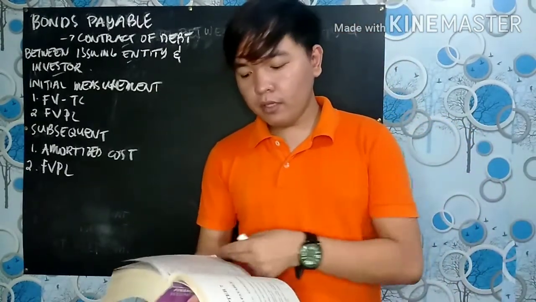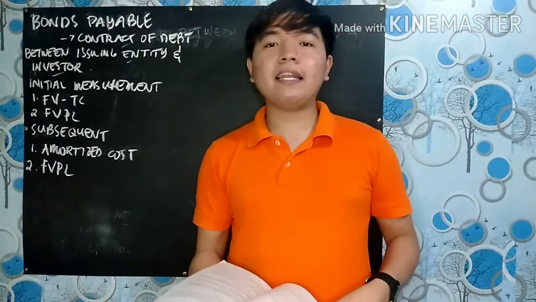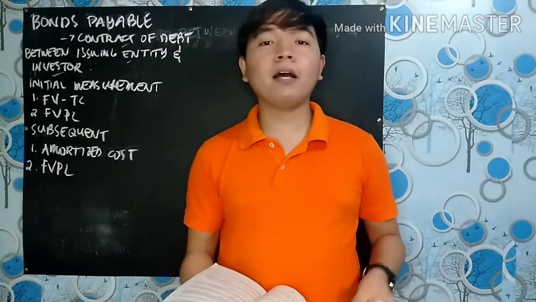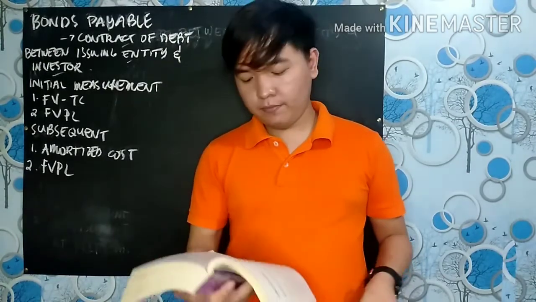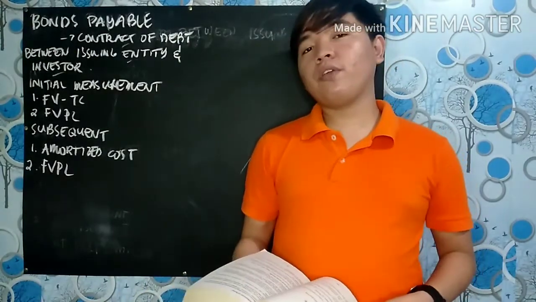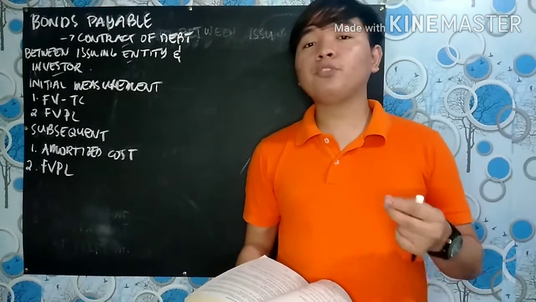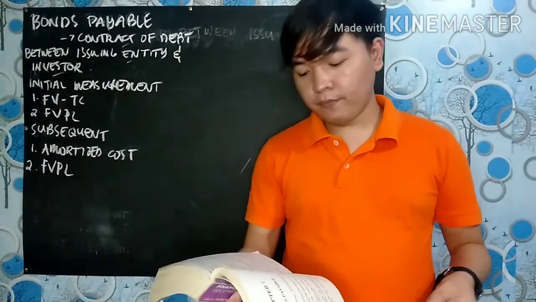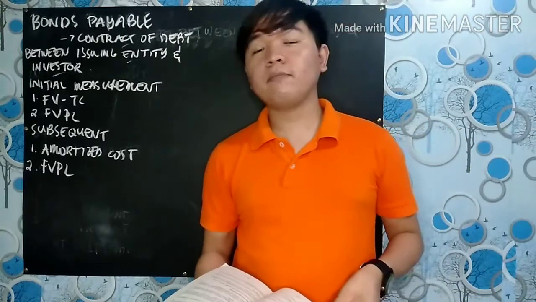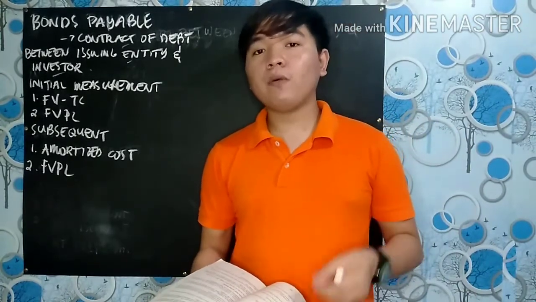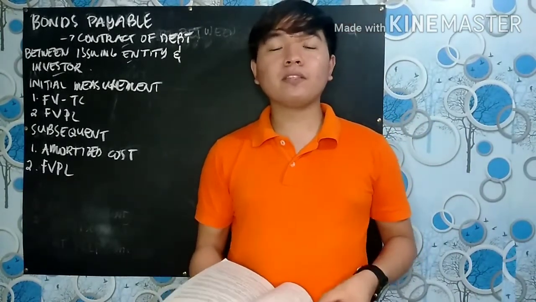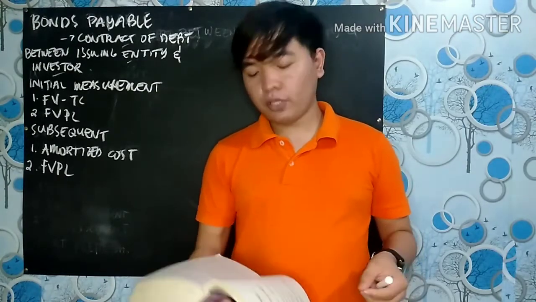So sa libro ni Valex, binigyan kayo ng iba't ibang types of bonds. Let's start with the due payment or due date of the bonds. There are two types of bonds in terms of due date. Number one is the term bonds, and number two is the serial bonds. What is the term bonds?